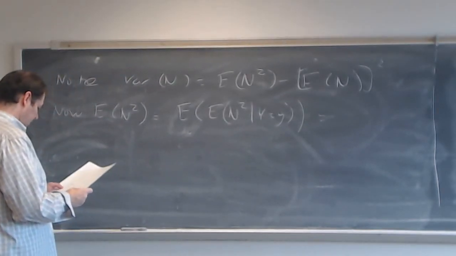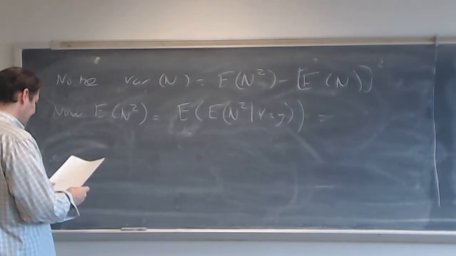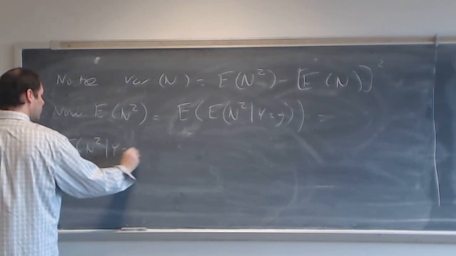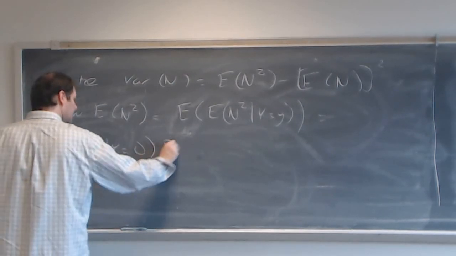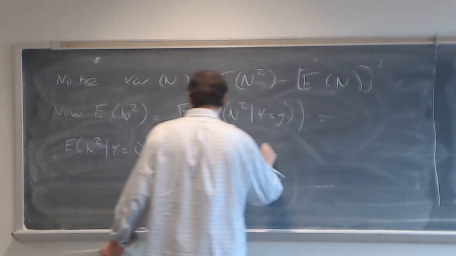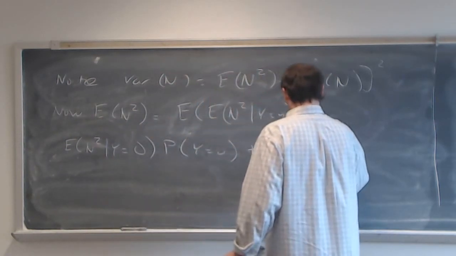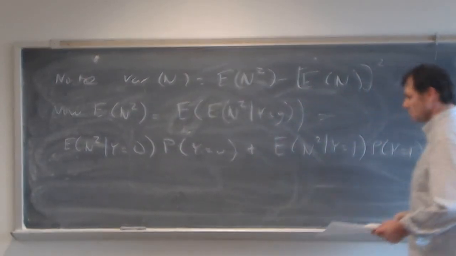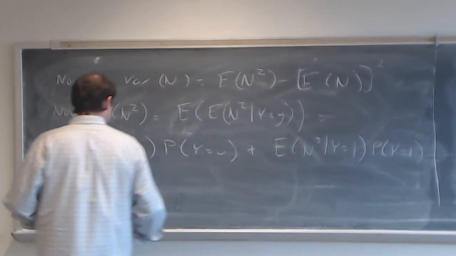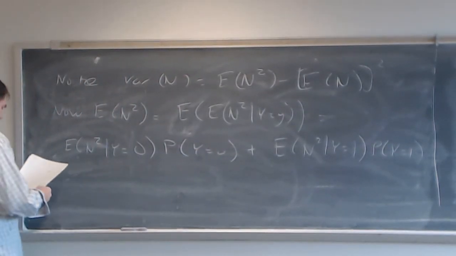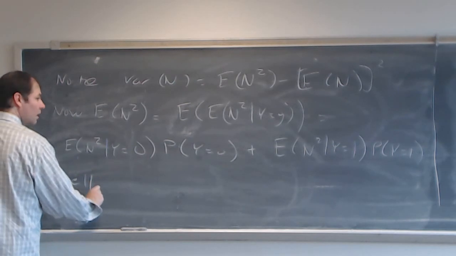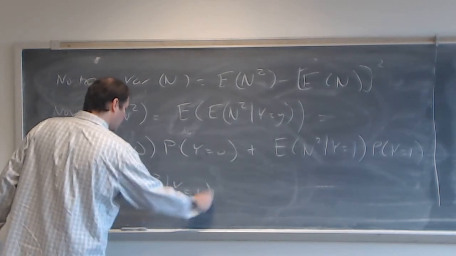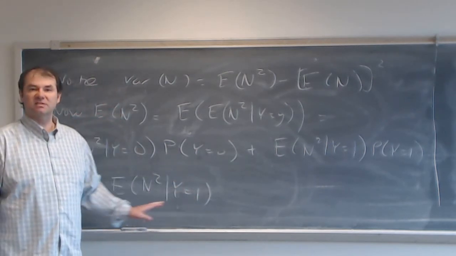This is going to be equal to the expected value of N squared given Y equal to 0 times the probability of Y equals 0, just like what we did before, plus the expected value of N squared given Y equal to 1 times the probability of Y equals 1. Now, instead of doing all that work again, the expected value of N squared given Y equal to 1 tells us that the first trial was a success.